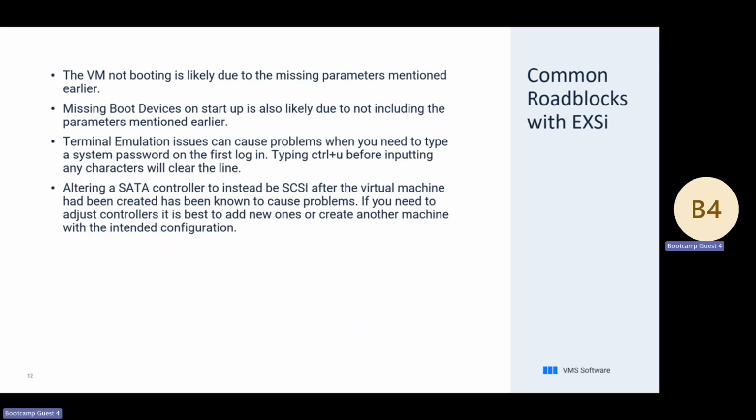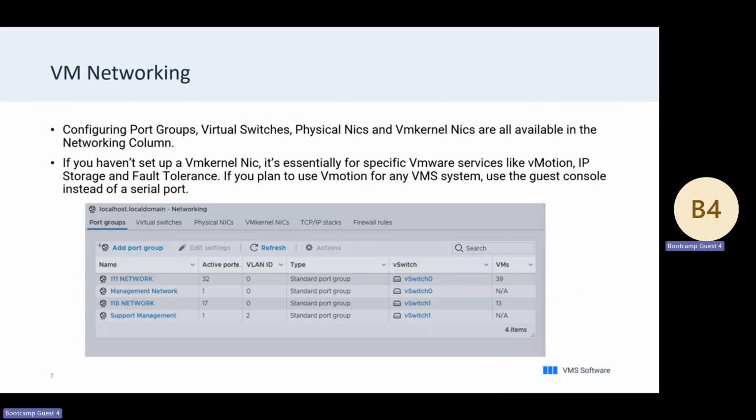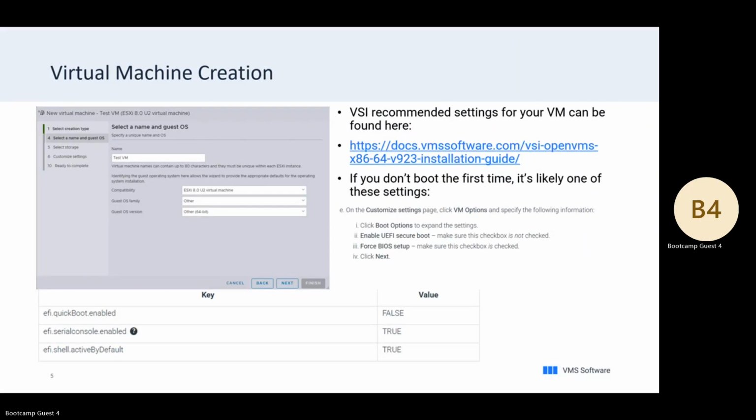Sometimes you won't be able to see all your boot devices. That's usually fixed through the missing parameters, like I've mentioned earlier, but you're also able to fix that by going back here and making sure you add these manual parameters in.